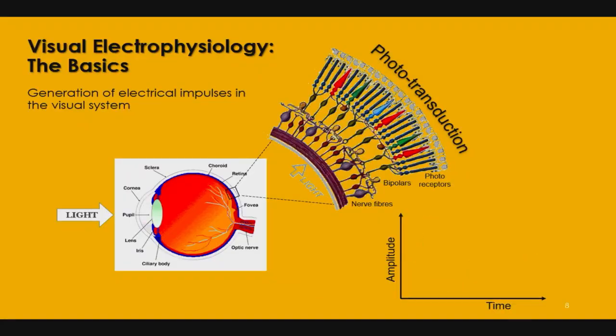And we are interested in the amplitudes or the height or the size of the signal and the speed at which the signal is moving. There are 2 technical words you need to keep in mind. One is the amplitude, and the second one is the implicit time. The implicit time just tells us how quickly that signal is moving.